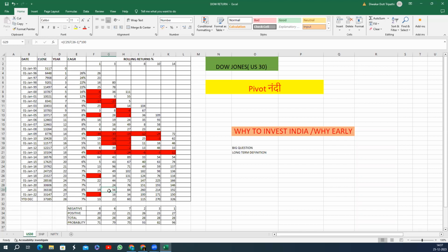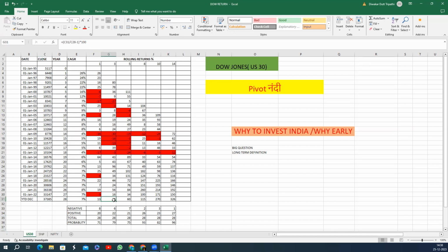If somebody invested in 2018 or say 2020, because there was a COVID period when the Dow Jones US index was at 30,000, and he remained invested for 3 years, so after 3 years, one, two, three, what will be the 3 year returns for him?